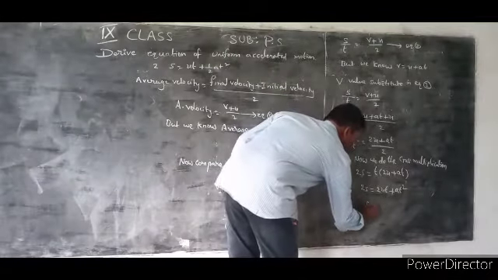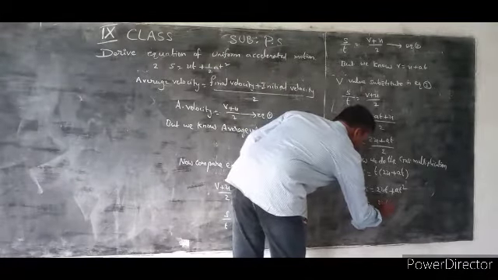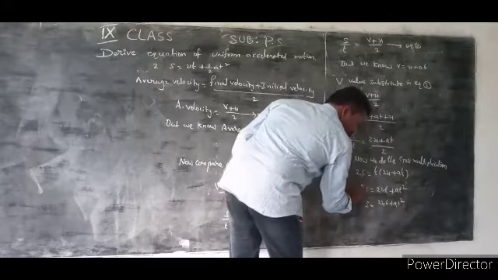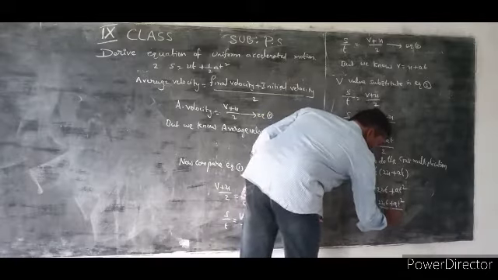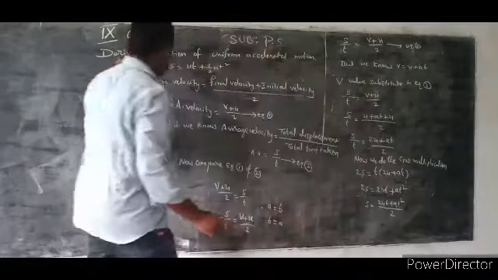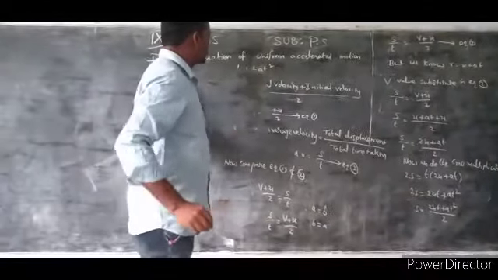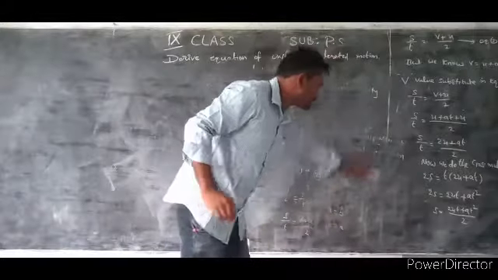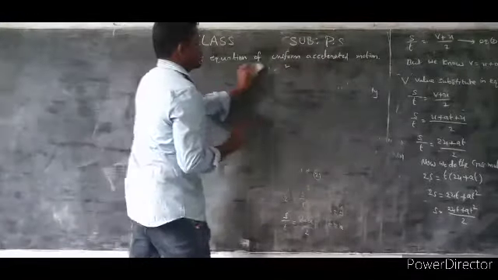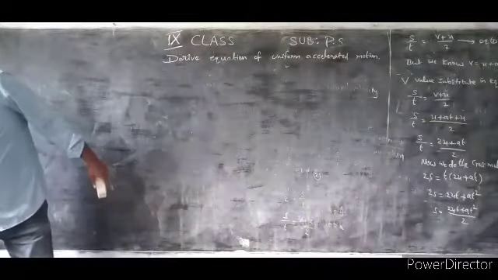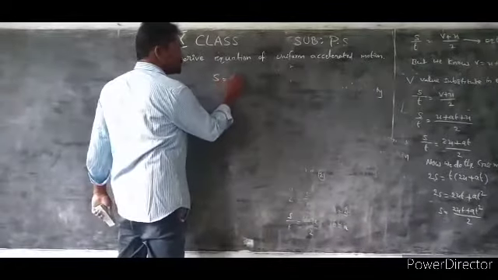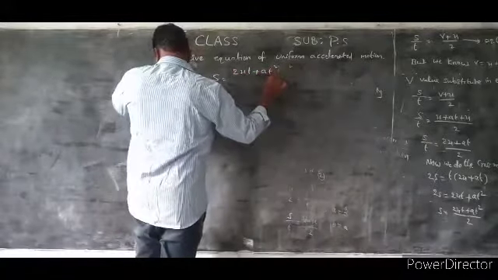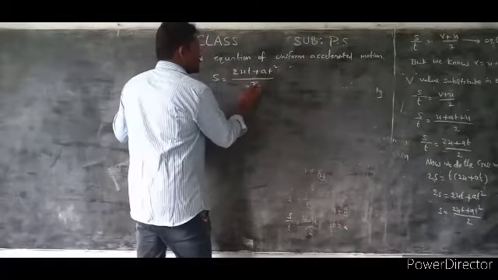Therefore, 2s is equal to 2ut plus at square. The 2 is multiplied with s, so it goes to the right-hand side as division. Therefore, s is equal to 2ut plus at square by 2.